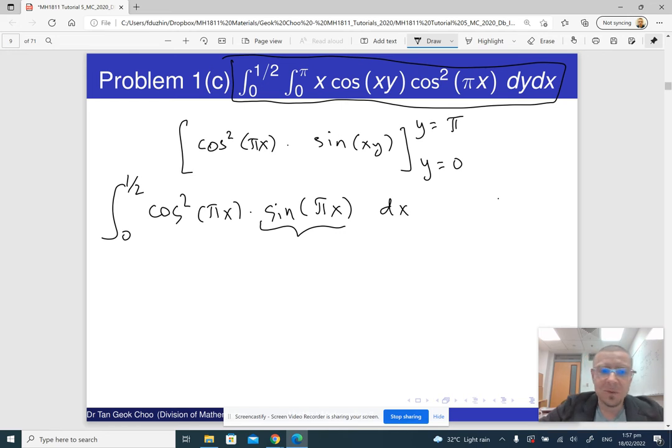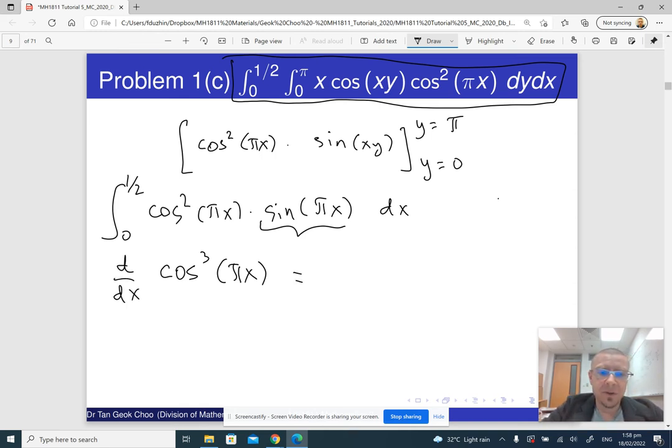Which hints at a u substitution, but again, I find it easier to just see that, since this is the derivative of cosine of whatever, here we have cosine squared, so its antiderivative should be cosine cubed. So the antiderivative of this expression should be cosine cubed of pi x times some constant. But to figure out what that constant is, I differentiate this with respect to x.